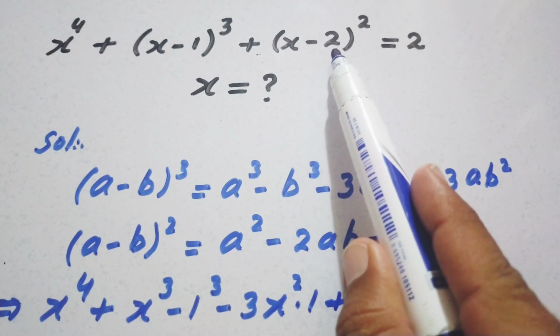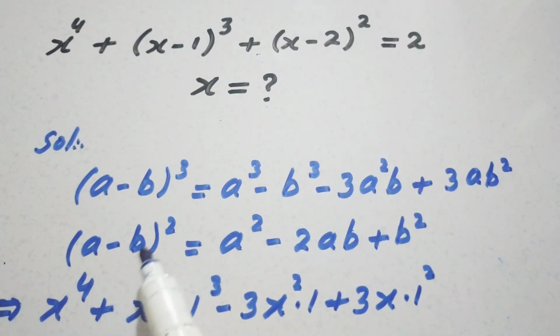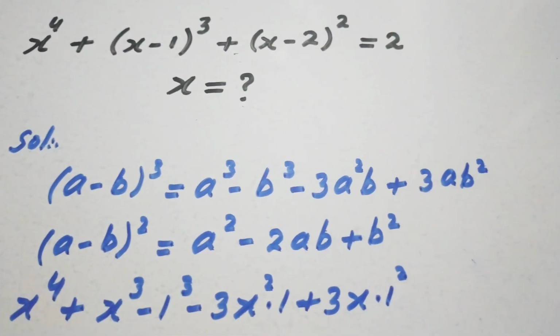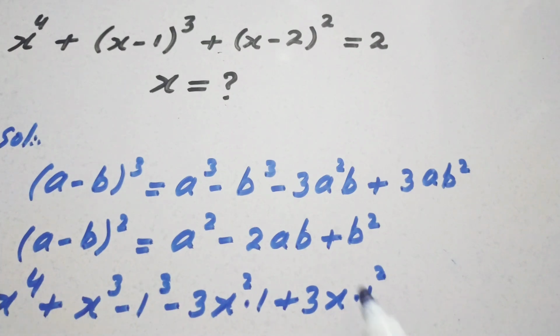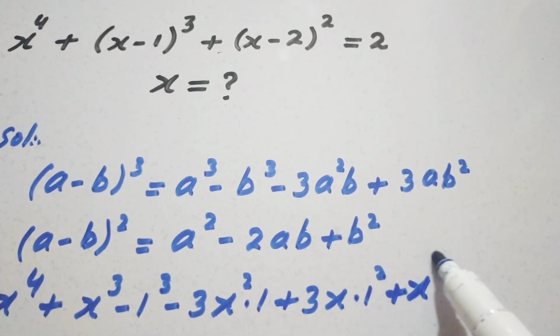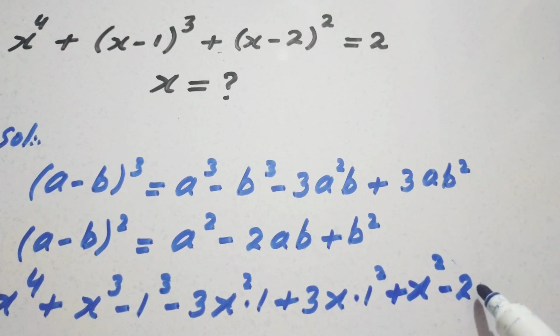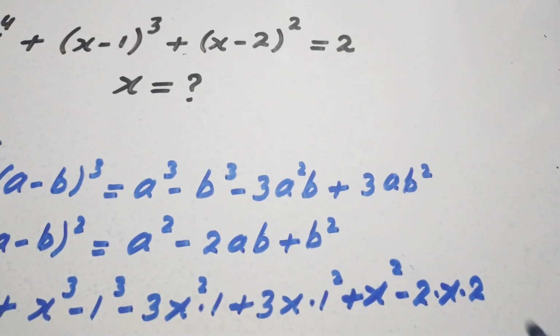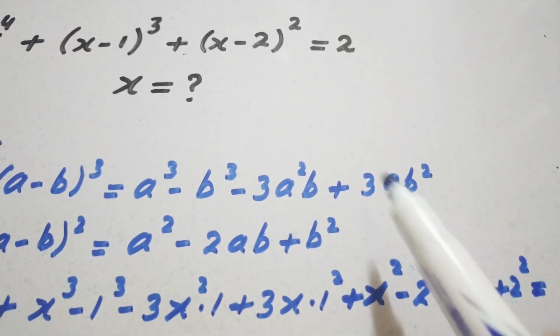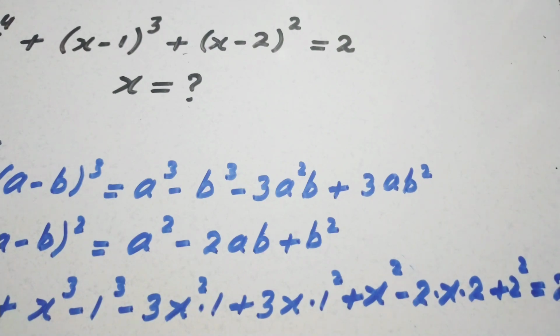And here (x minus 2) whole squared, we will use this algebraic identity (a minus b) whole squared. So this will become x squared minus 2x into 2 plus 2 squared is equal to 2.